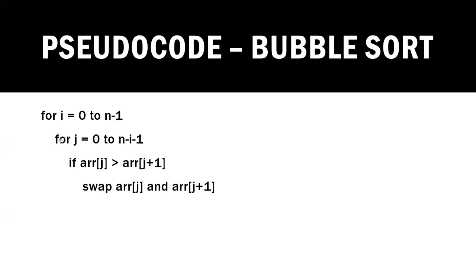What this does is it allows the bubble sort to go through the iteration the second time to ignore the top slot. Because remember, we assume that the top slot is correct after the first iteration. And we continue that loop. And as long as array J is greater than array J plus 1, we swap them. This is pseudocode. It's not real code. But this is the idea of what we want to do.